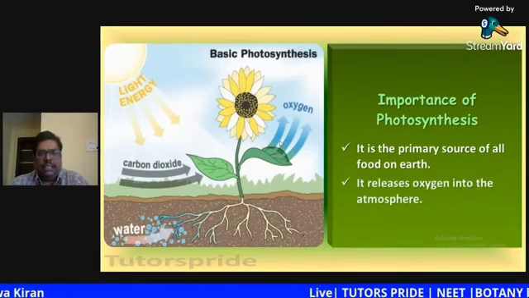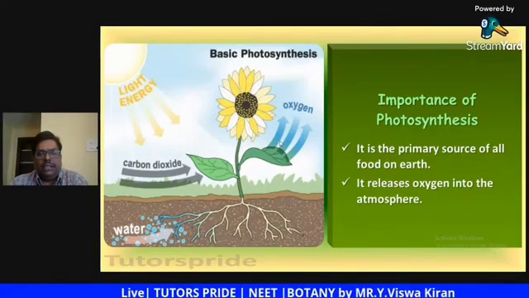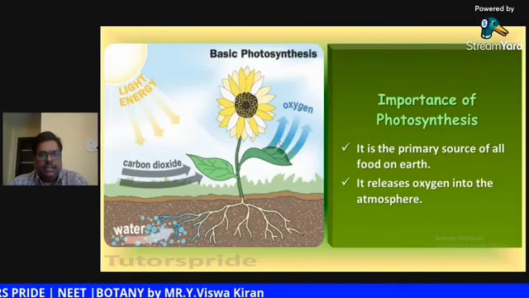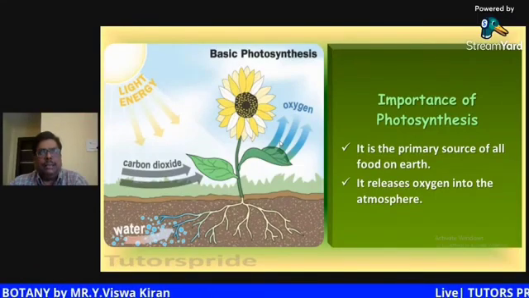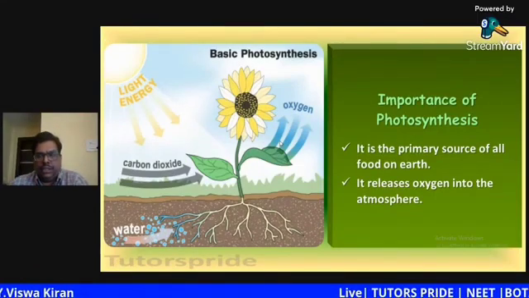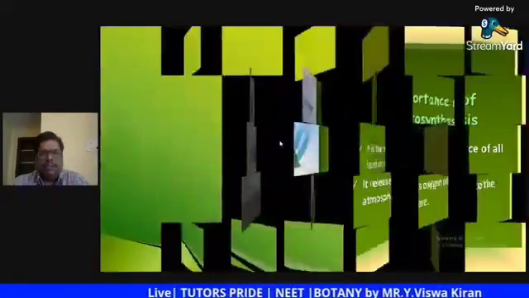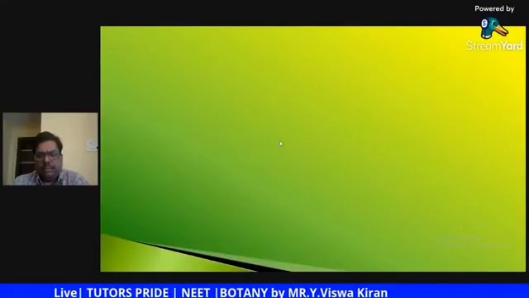And then it is a process by which molecular oxygen is released into the atmosphere. So the oxygen that we breathe in is actually coming out mostly from these green plants. So these are the main primary importance of photosynthesis. Other than this, we can quote so many other important examples also.